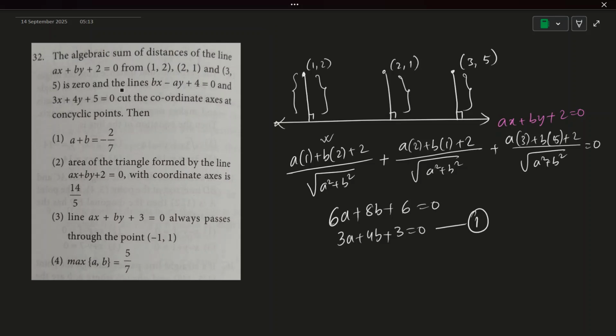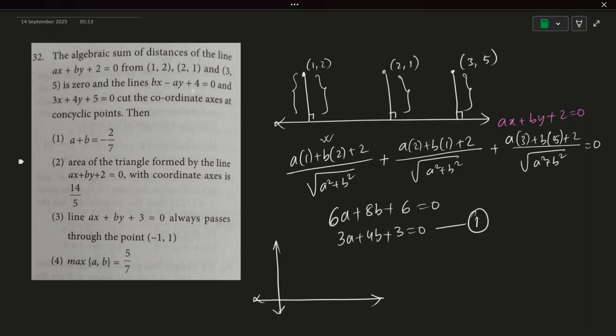Next statement: the lines bx minus ay plus 4 equal to 0 and 3x plus 4y plus 5 equal to 0 cut the coordinate axes at concyclic points. Now I am going to take the coordinate axes.